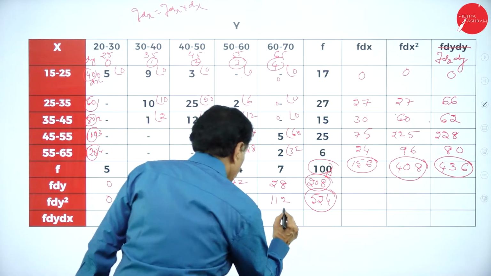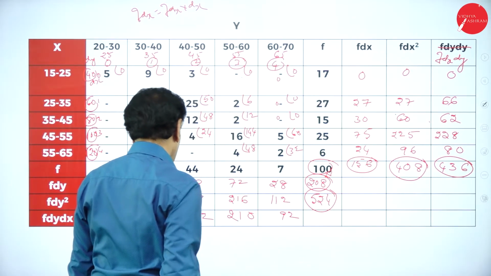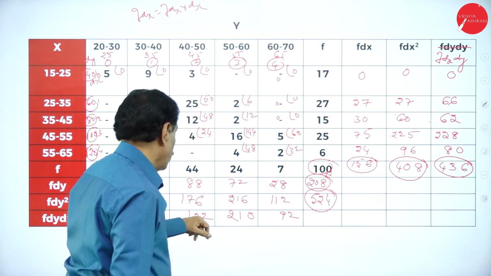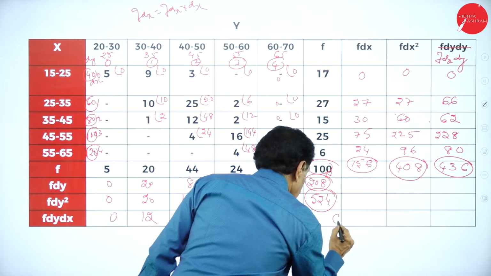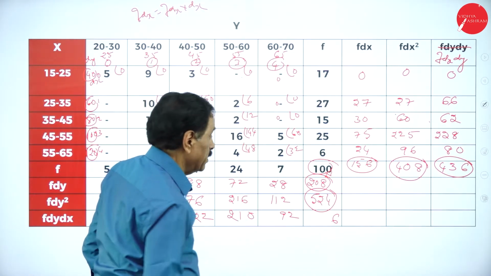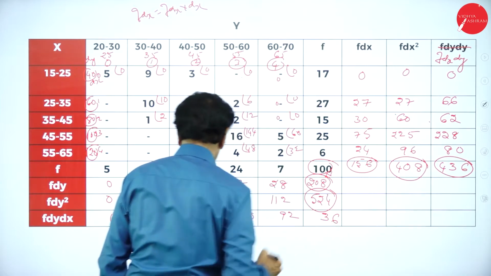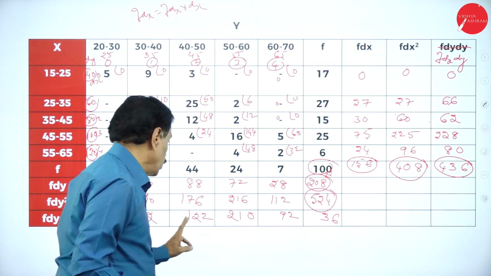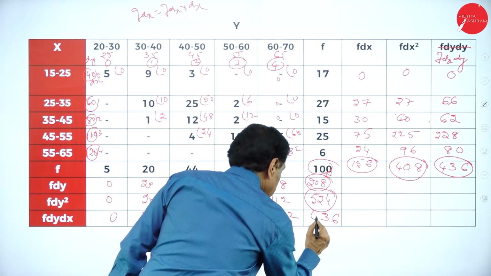This is 92. Add 2 plus 2, 4 plus 2, 6. 1 plus 2, 3 plus 4 plus 3, 13. 1 plus 1, 2 plus 2, 4, 436.